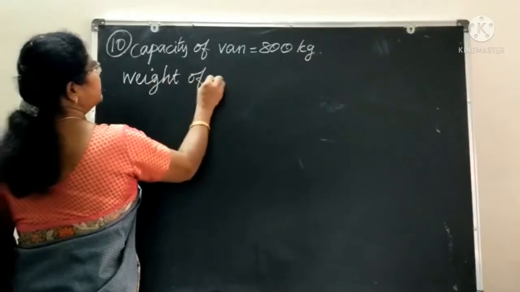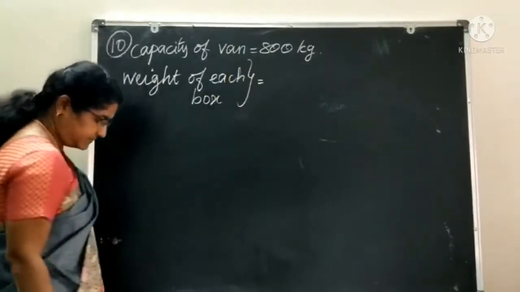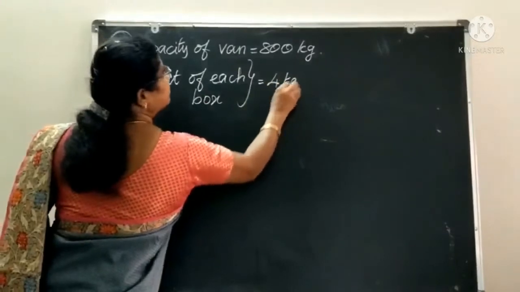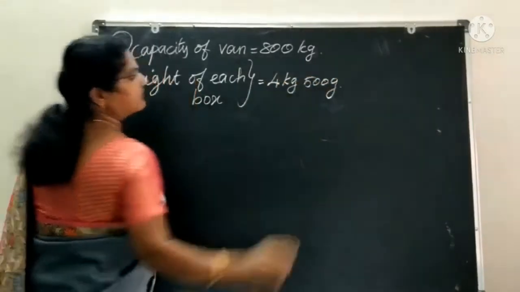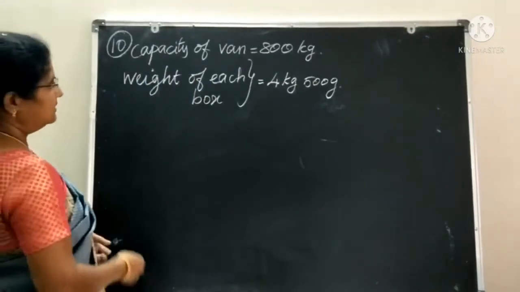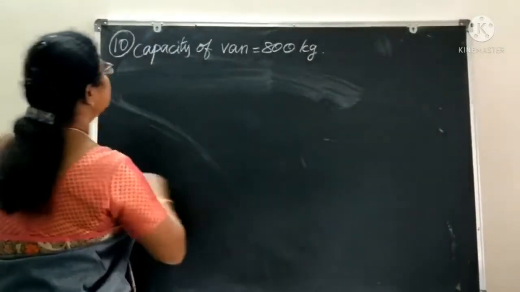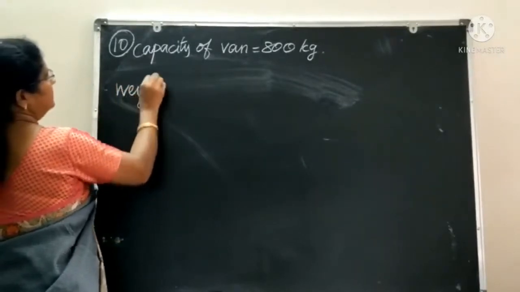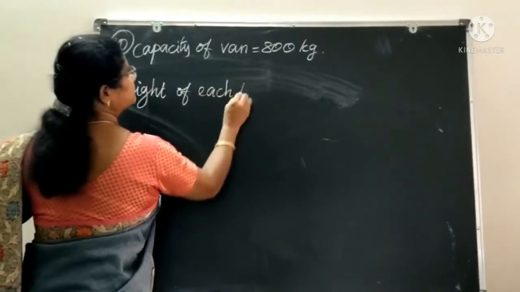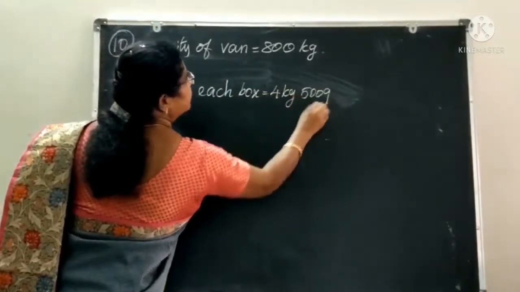Each box of the medicine is 4 kilogram 500 gram. So the weight of each box is equal to 4 kilogram 500 gram.